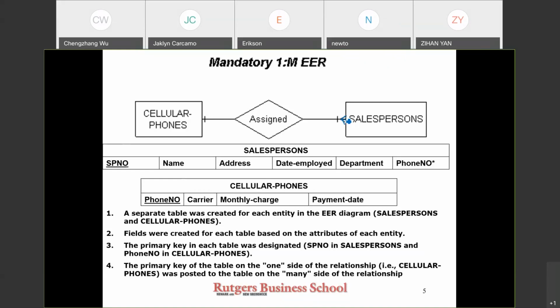So that means one cell phone is shared by many salespersons by adding this cross-foot, and at least one salesperson, indicated by this bar against salesperson.